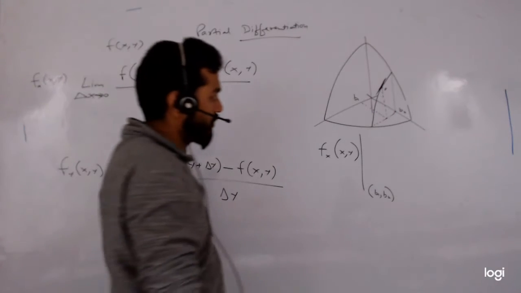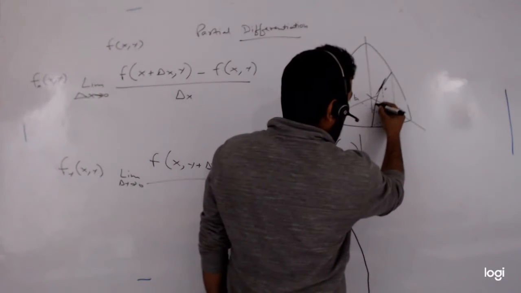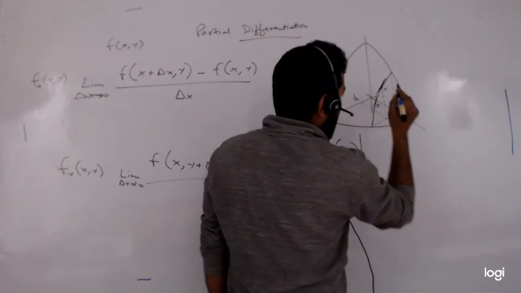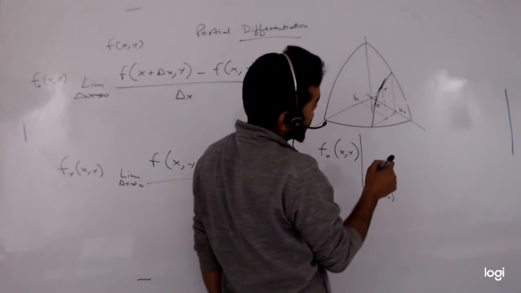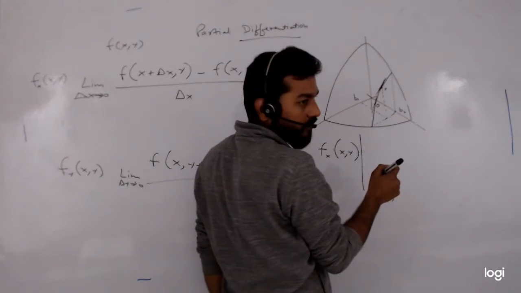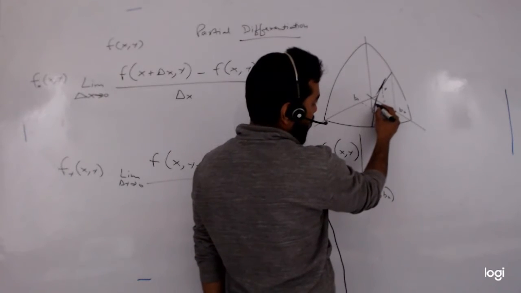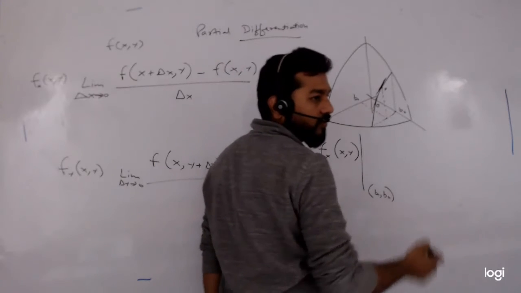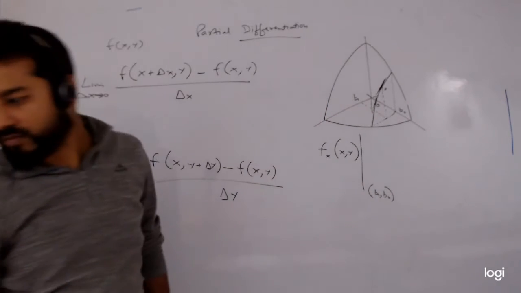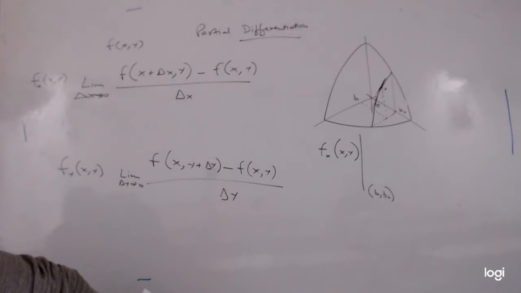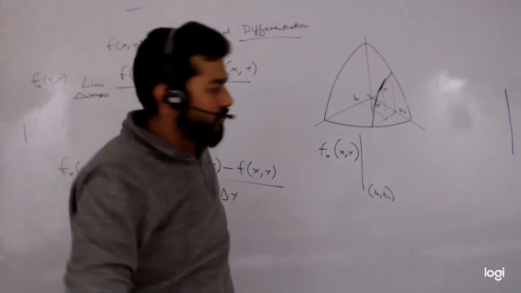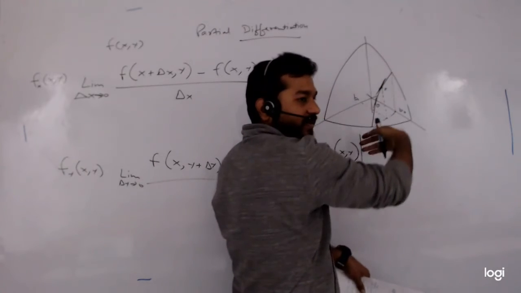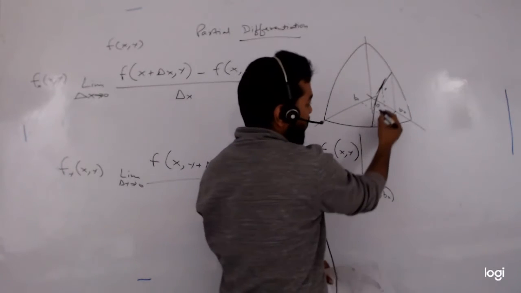Okay. Now, if we take another point Q, what should be the value of y at Q? It should be b2, because all across this plane the value of y is constant at b2.